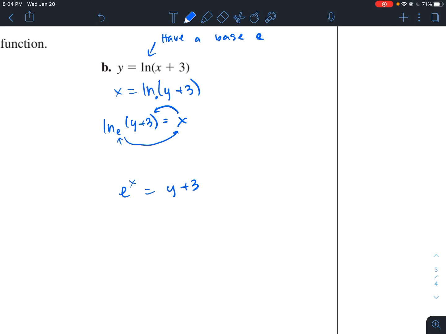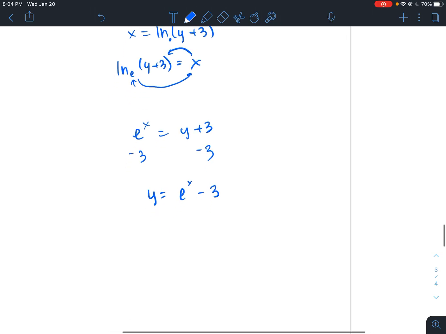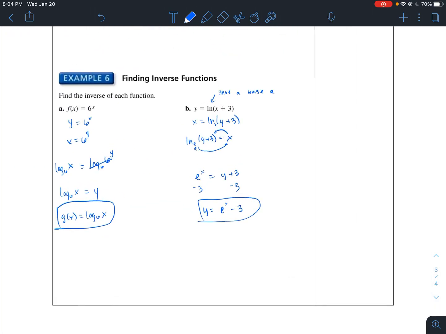Now I can see that I just have y plus 3, so to get y by itself, I'll just subtract 3. So y is equal to e to the x minus 3. And there we have y all by itself, so here is the inverse.